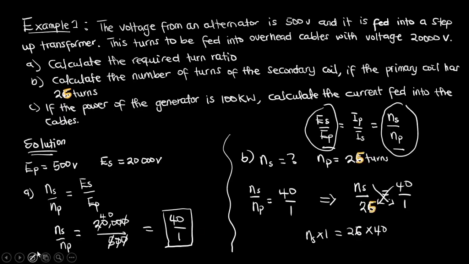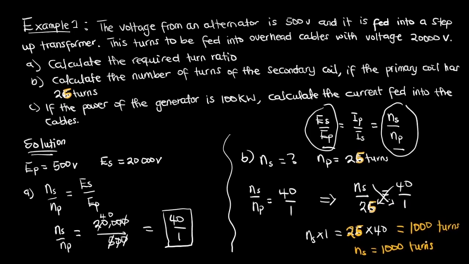So this side is going to be 25 multiplied by 40, and if we do that, it's going to give us 1,000 turns. So the number of turns in the secondary side is 1,000 turns. Are you okay? So this is the answer for the B part.